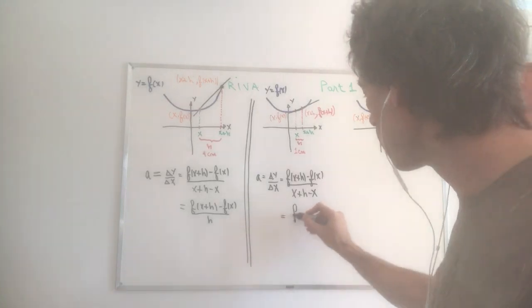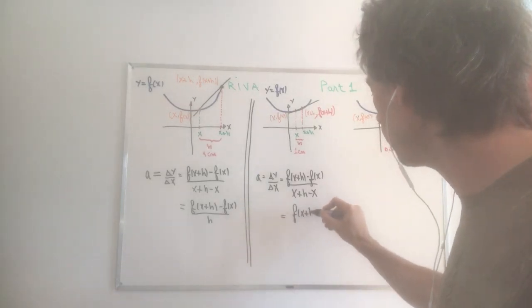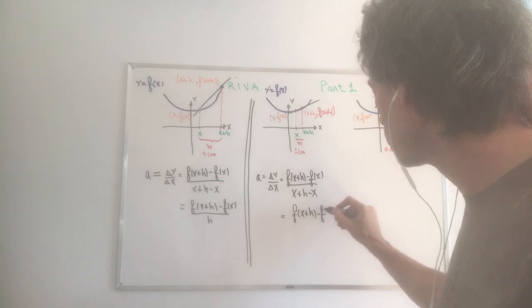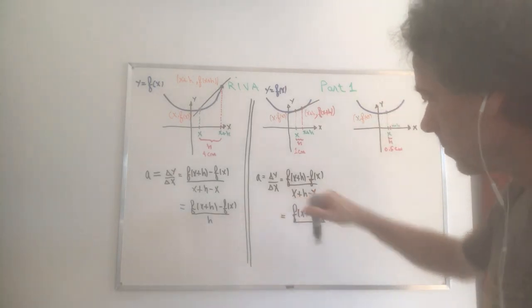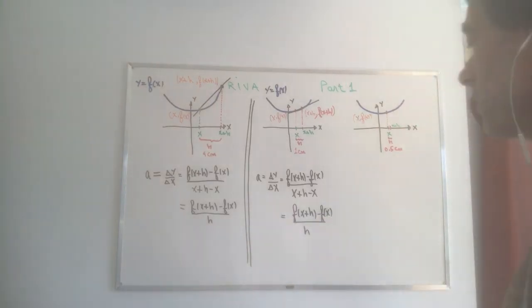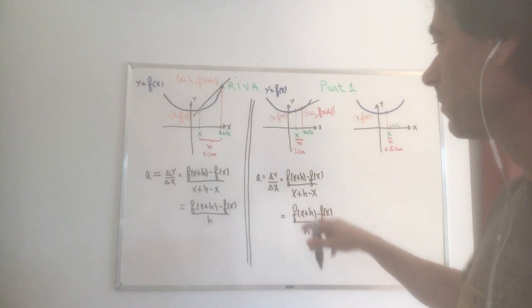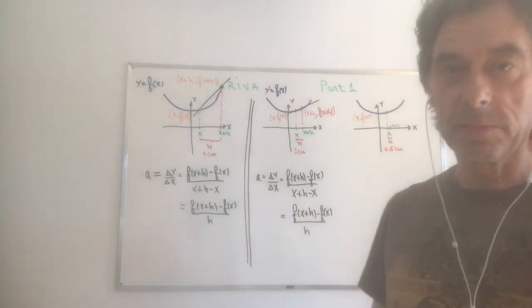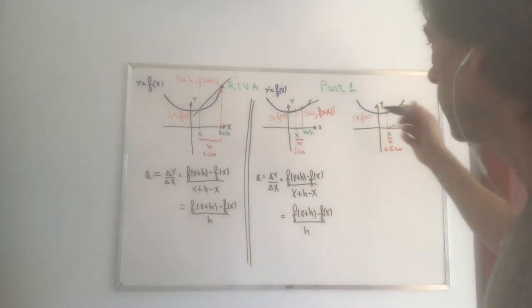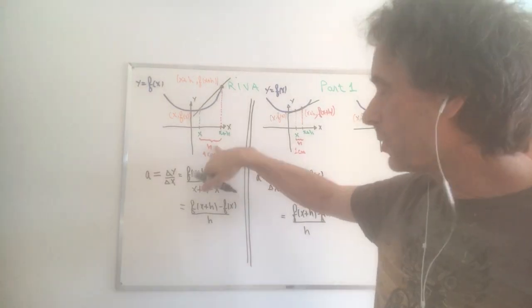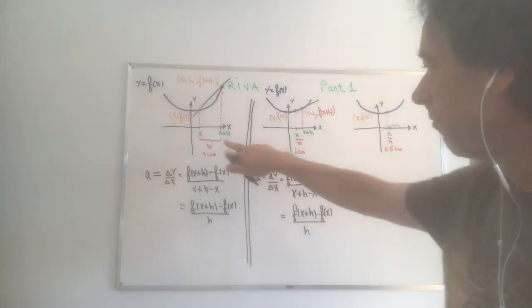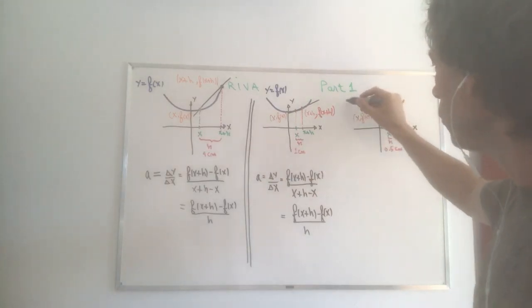So this is f of x plus h minus f of x divided by x minus x goes away, and I'm left with this. Same formula, exactly the same thing. No big surprise, we're calculating the slope of a line and the points are the same. The only difference is the actual measurement of the h value, from large to small to smaller.